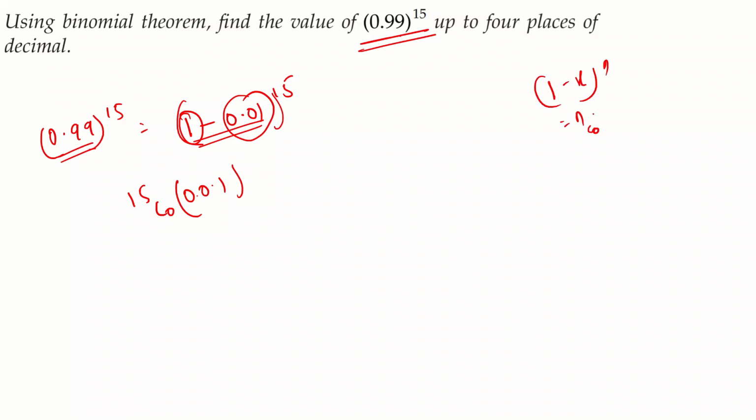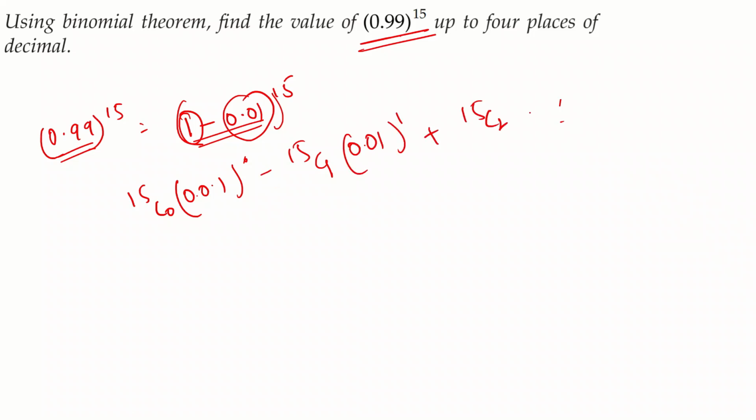It is nC0 1^n x^0, then minus nC1 x^1, and so on. So here it is 15C0 (0.01)^0, then minus 15C1 (0.01)^1, then plus 15C2 (0.01)^2, then minus 15C3 (0.01)^3, then plus, minus, plus, minus.